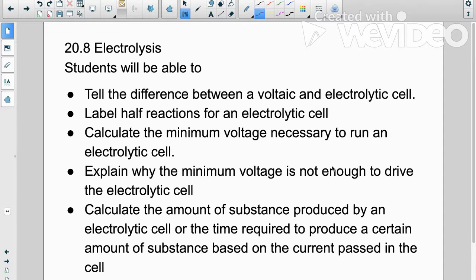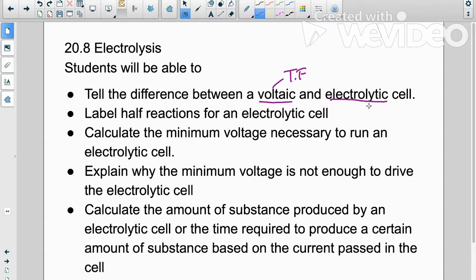All right, so the next topic in Unit 9 is electrolysis. So electrolysis is another type of electrochemical cell. And the very first thing we're going to do is distinguish the two. So remember, with a voltaic cell, we were looking at a thermodynamically favorable reaction.